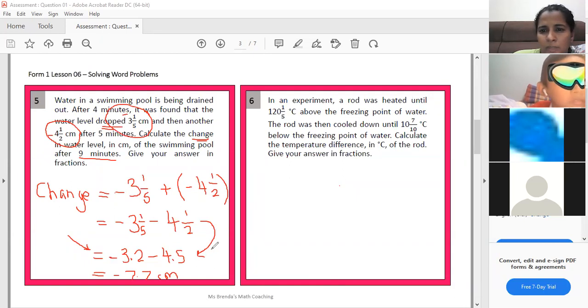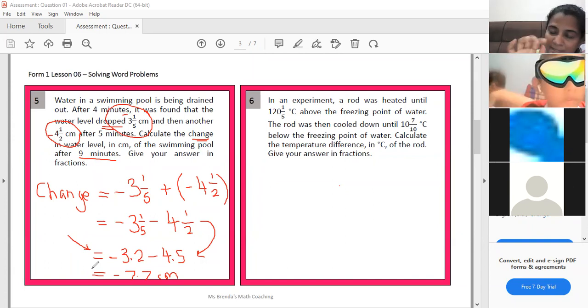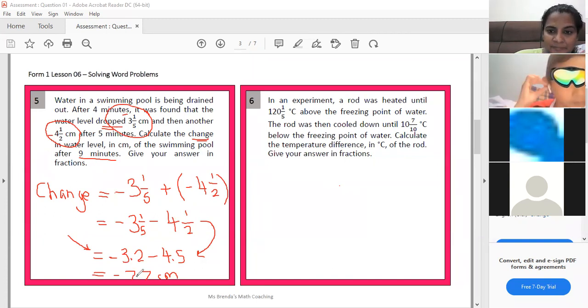How did you get negative 1.3 also, Tristan? You are doing it as 4.5 minus 3.2. Cancel everything on your calculator and type in fresh. Start with minus 3.2, minus again 4.5, and you will get minus 7.7.